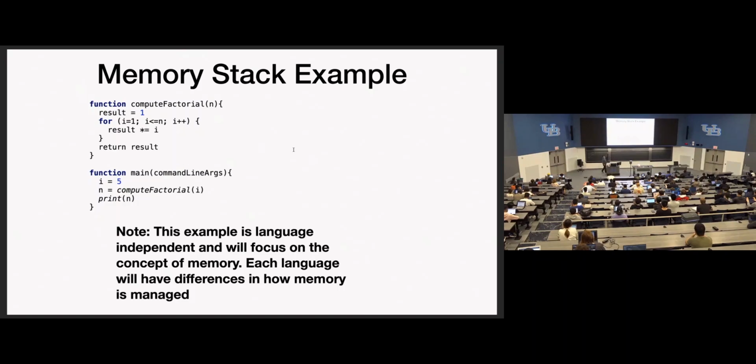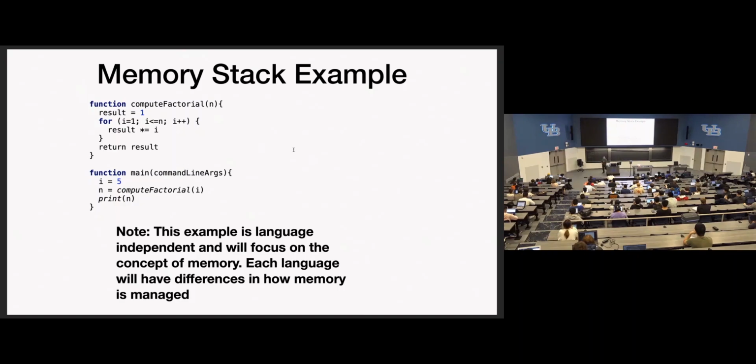You'll notice that this is not Scala code. I'm trying to keep this example language independent. I want to focus on the concept of the stack, of the memory stack. This concept is going to apply across languages. The things we learn about stack, and eventually heap in Learning Objective 2. Heap memory is different than stack memory. We'll talk all about it. You need to know those concepts. And hopefully this is sounding familiar to you. In 115, it's all about the concepts.